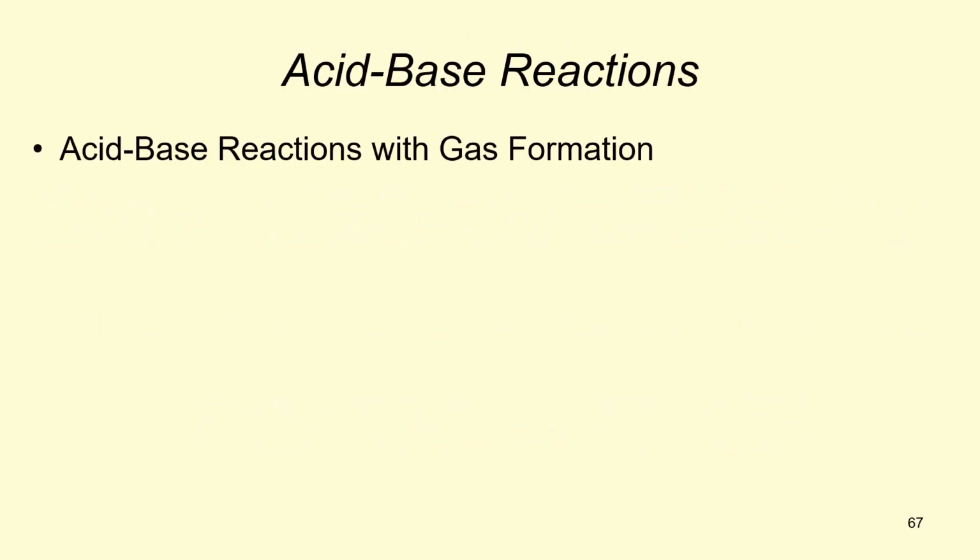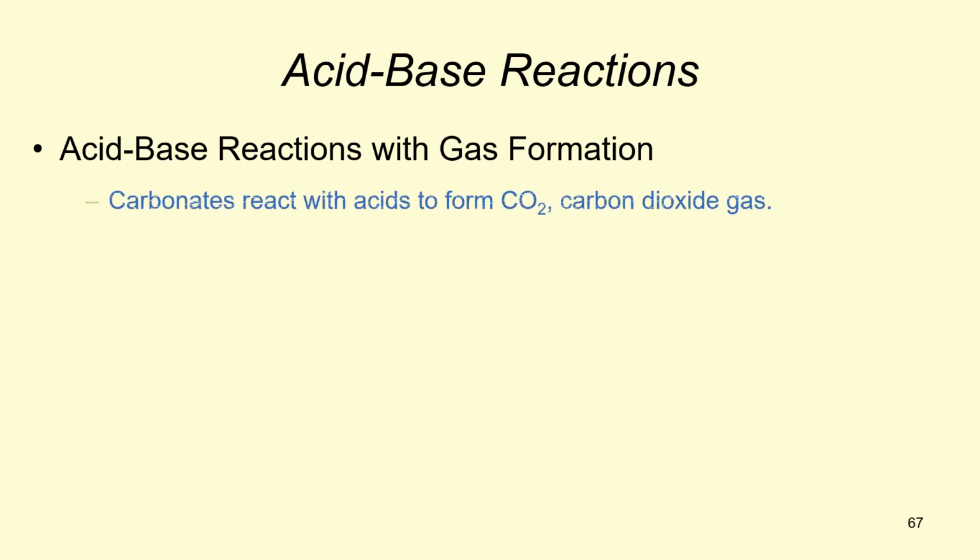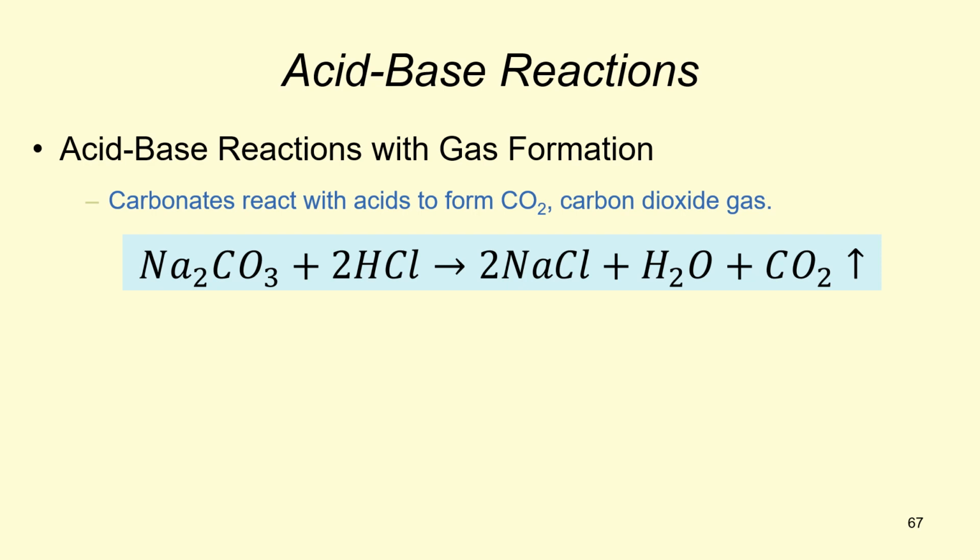So these are also neutralization reactions, but they kind of get their own little special category because they are acid-base reactions with gas formation. You can think of your childhood baking soda and vinegar reaction with gas formation. So carbonates react with acids to form CO2, carbon dioxide gas. So here's an example.